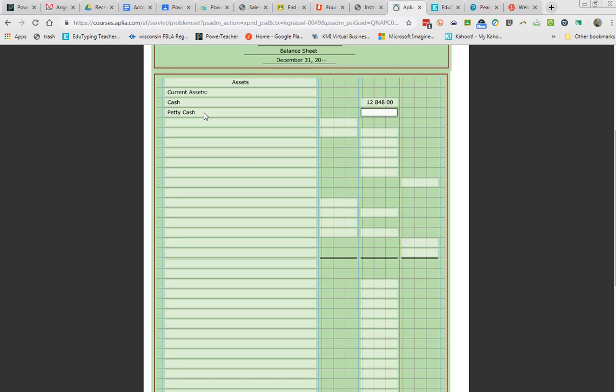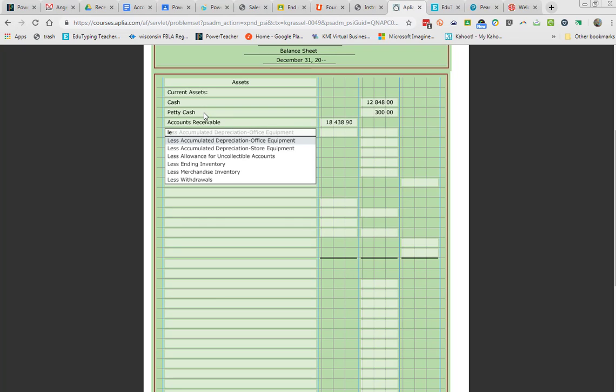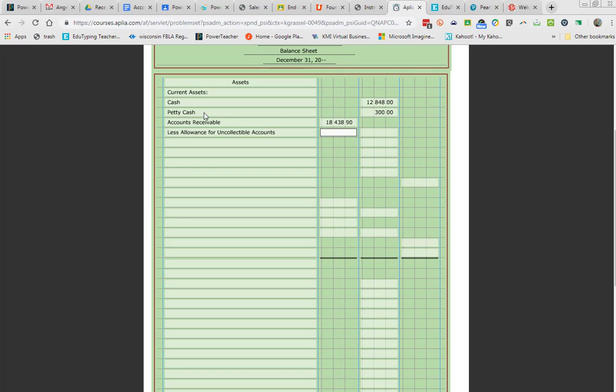Then I have petty cash, accounts receivable. Below accounts receivable, I say less allowance for uncollectible accounts, because that is a contra account. I do the math between the 2. I take 8,000, subtract the 2.